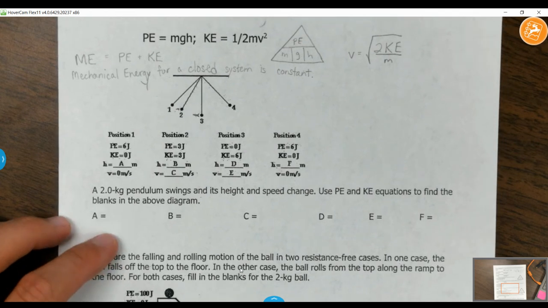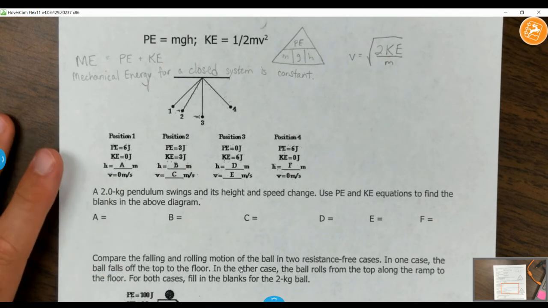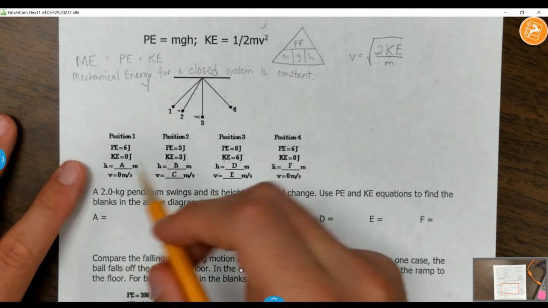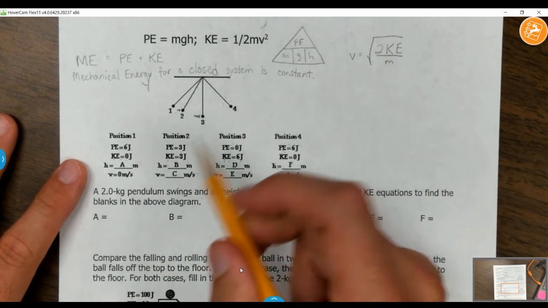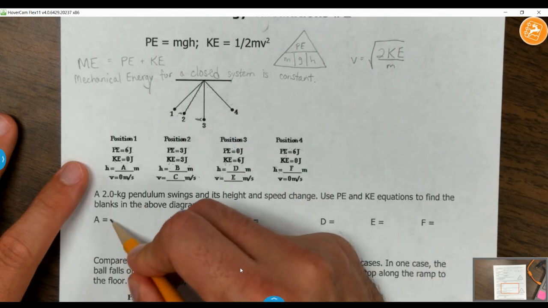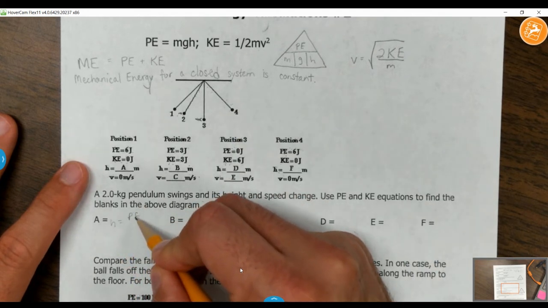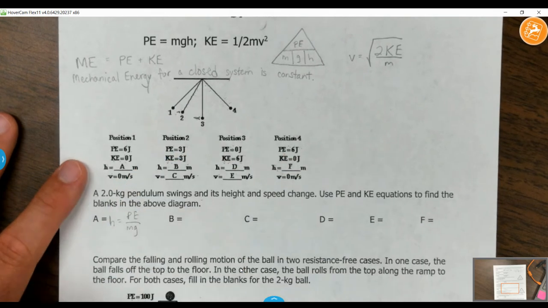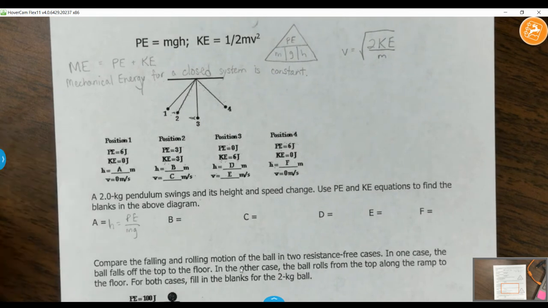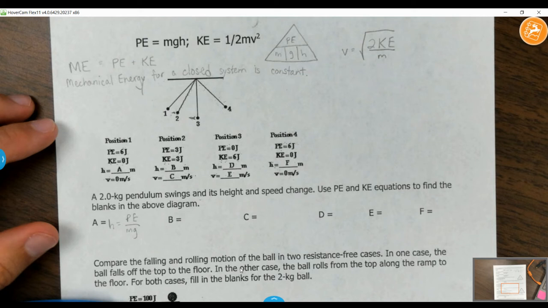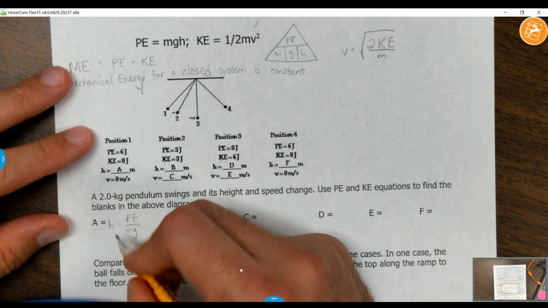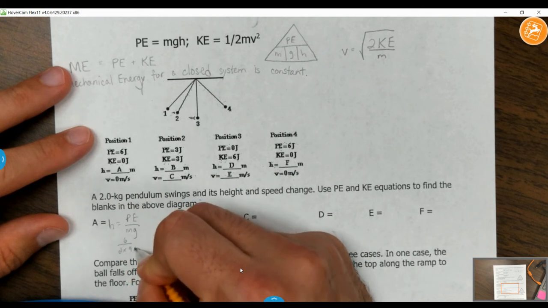So let's take a look at the first one. They wanted us to solve for height. Since we already know the potential energy is 6 joules, and they want h, if I cover up h in the equation, it's the potential energy divided by mass times gravity. So we're going to crank in 6 divided by the mass of 2 times gravity of 9.8.